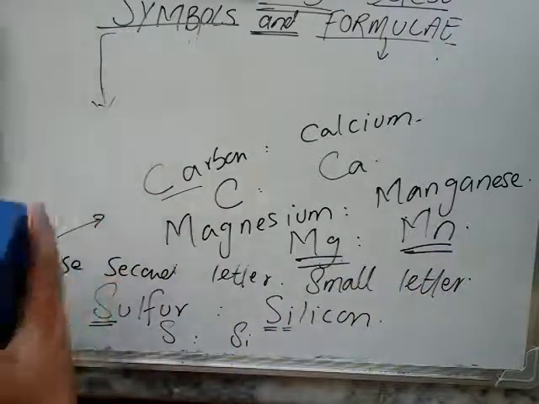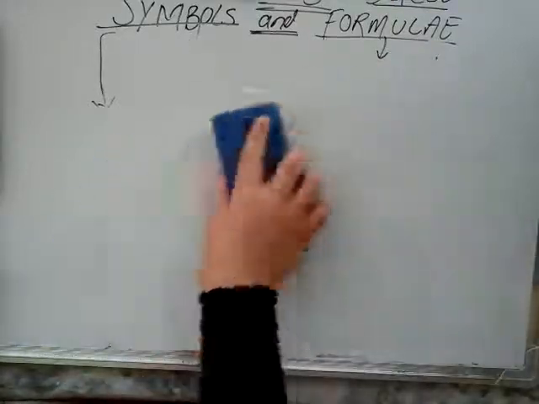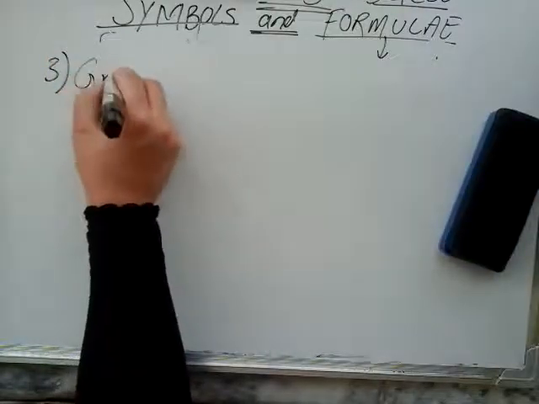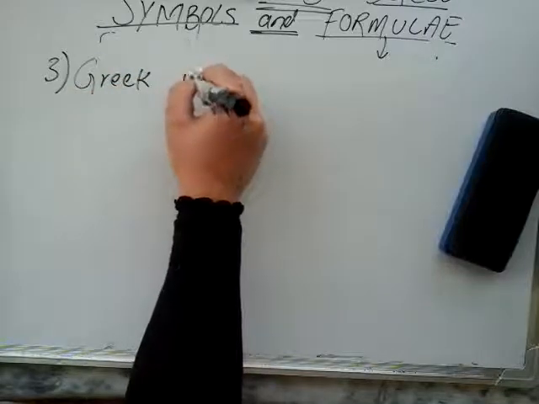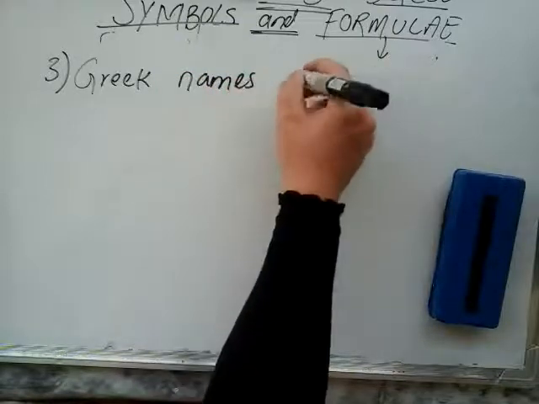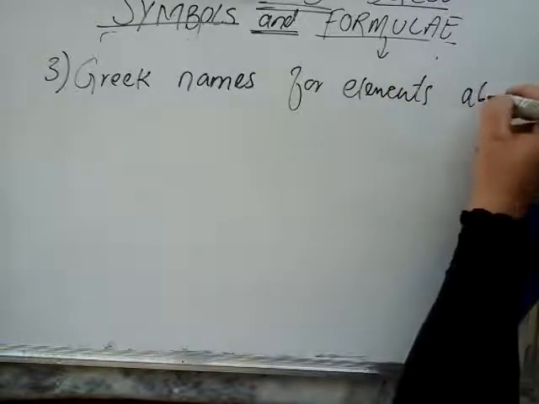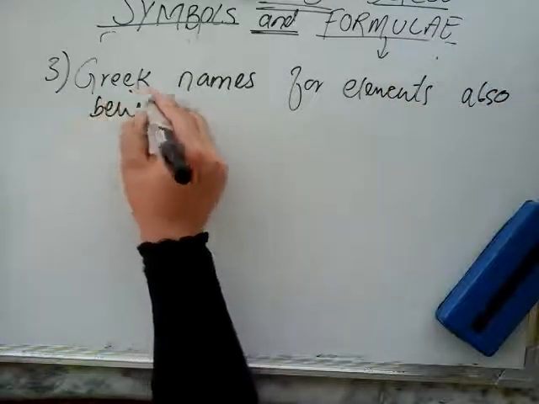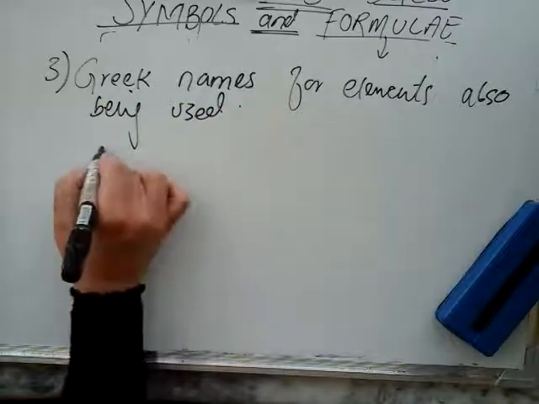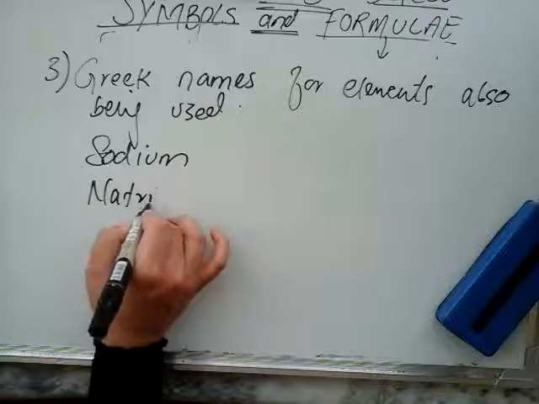Now coming to the third rule for writing the symbols. Most of the time, Greek names for elements are also used for giving symbols. For example, sodium is the English name and its Greek name is natrium.